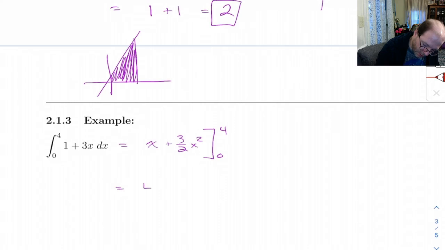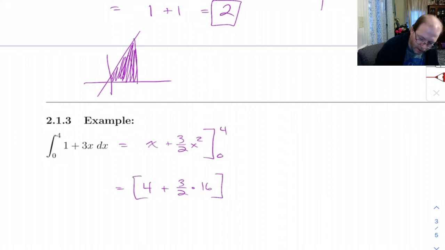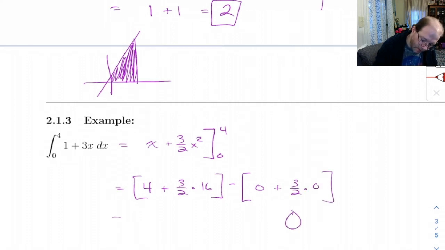So plug in the 4, you get 4 plus 3/2 of 16. Plug in the 0, you get 0 plus 3/2 of 0, so this whole thing's 0. This is 4 plus 16 over 2 is 8 times 3 is 24. So that'd be 28.